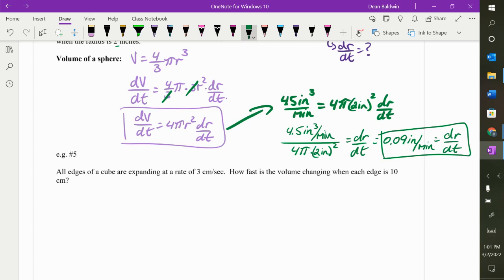Why is my answer different? We're rounding. Squaring the 2, 4 times 4. Oh, you're correct. You divide by 4.